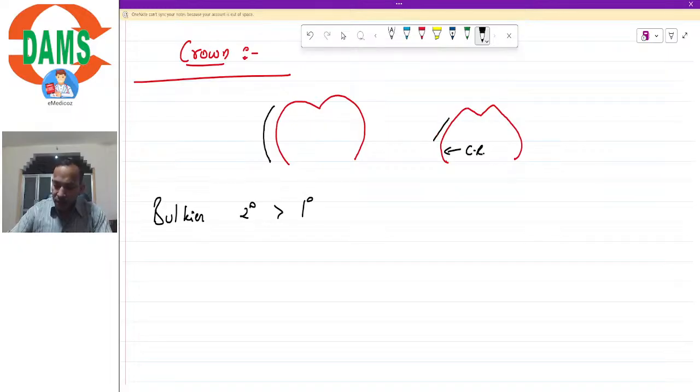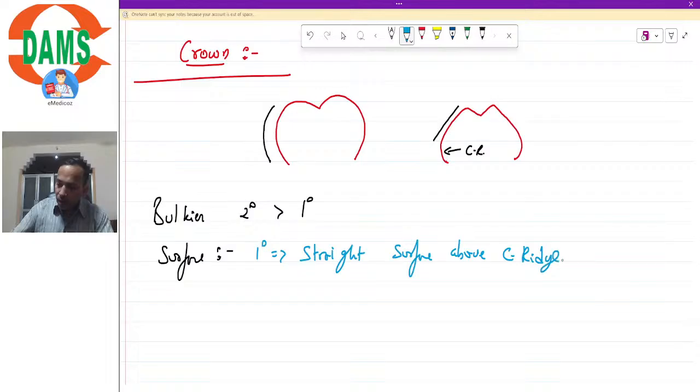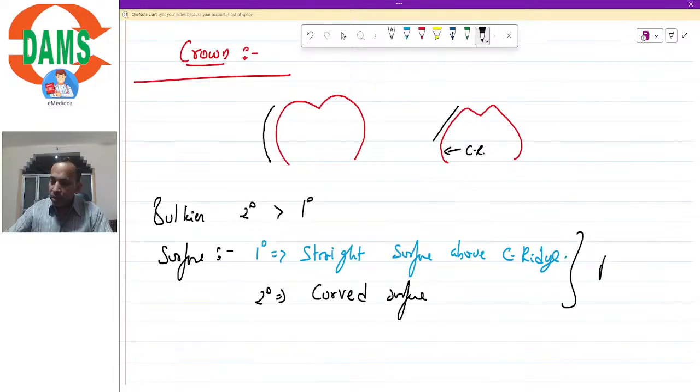So if we are talking about surface, then the primary crown has a straight surface above the cervical ridge, whereas the permanent crown has a curved surface. This is true for posteriors.